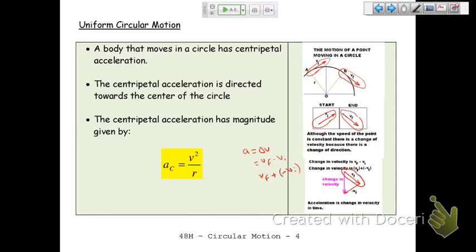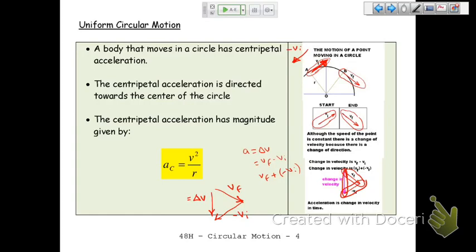So if the positive Vi is like that, the minus Vi is like that. So we add that minus Vi on, and we get a resultant. There's my Vf. I'm going to add on my negative Vi, and I get my delta V, which equals my change in velocity.